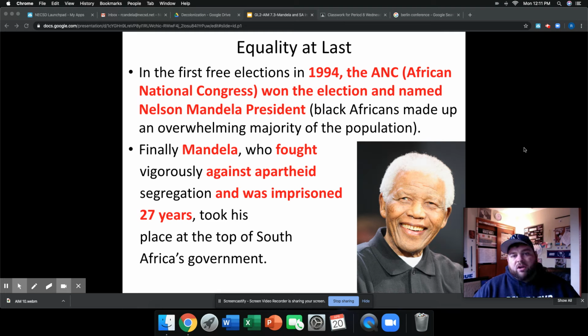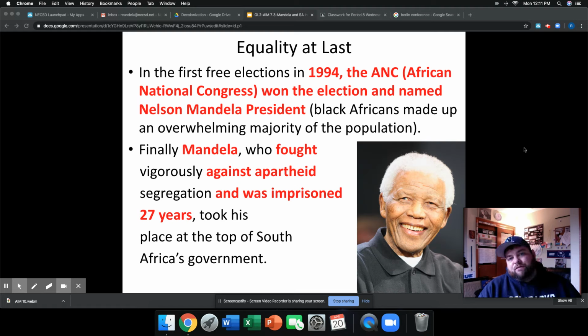So in the early 90s, Mandela is freed from prison, and Mandela and de Klerk actually work together to eradicate the remnants of this system of segregation called apartheid, at least as it is a national policy. They were both actually awarded the Nobel Peace Prize together for their work on fighting back against apartheid in South Africa.